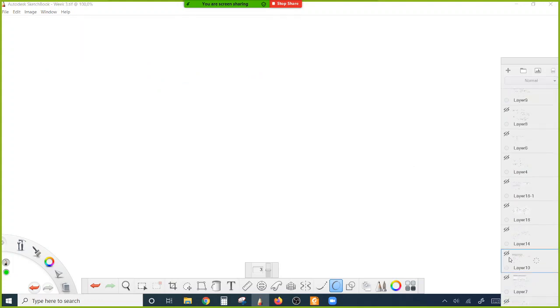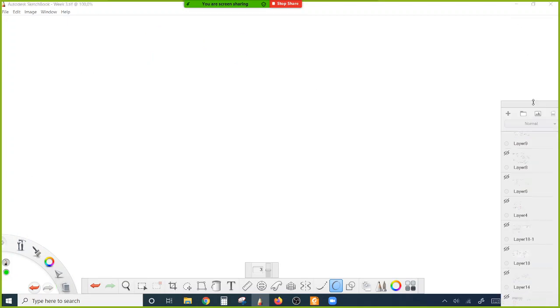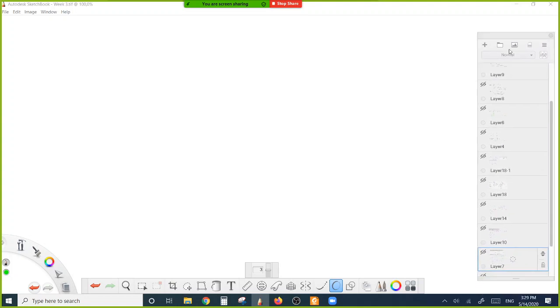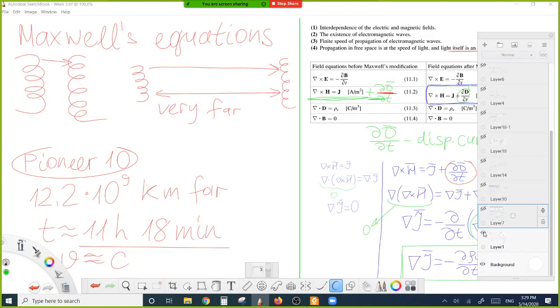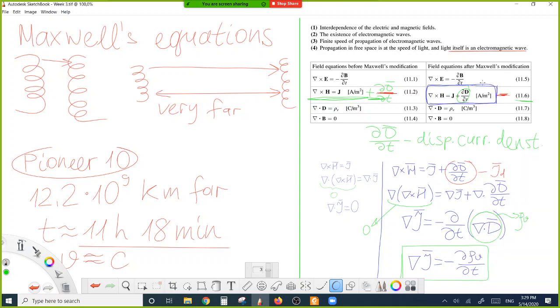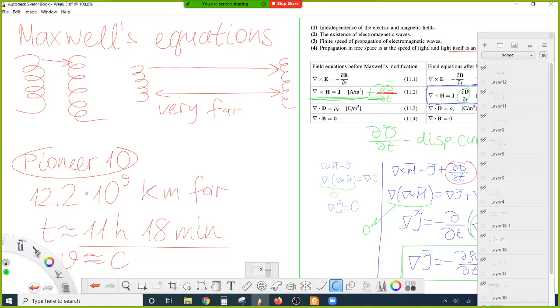Okay, the first Maxwell's equation is this, 11.5, which says the rotor of electric field intensity E is equal to minus dB over dt.